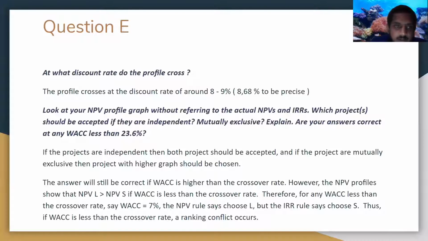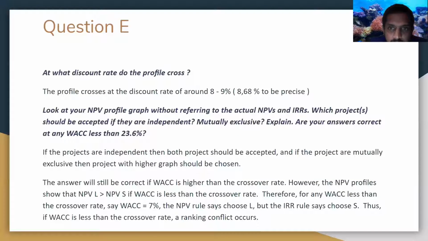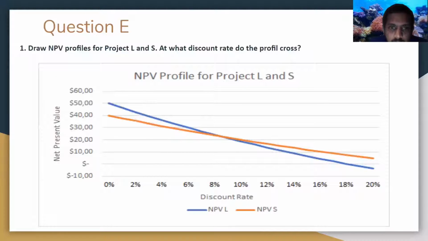And if the projects are mutually exclusive, then project S will be chosen because, as you can see from the graph, the orange one is higher than the blue one at the WACC.